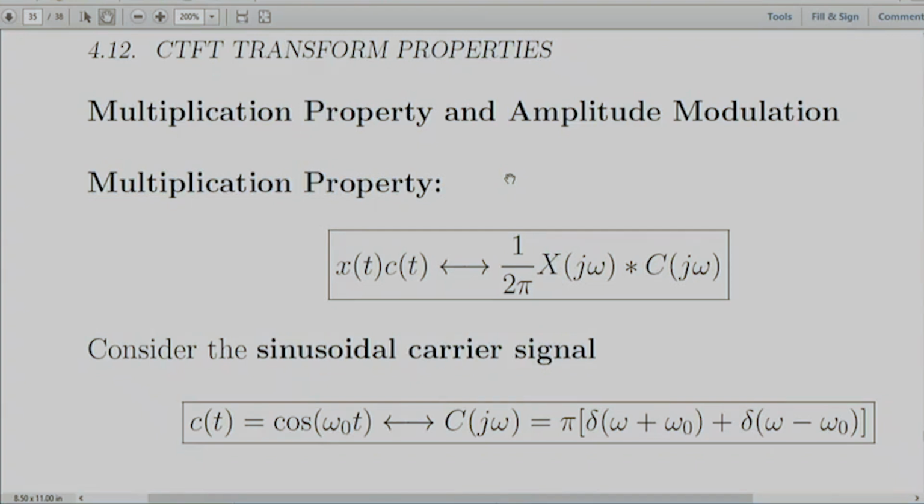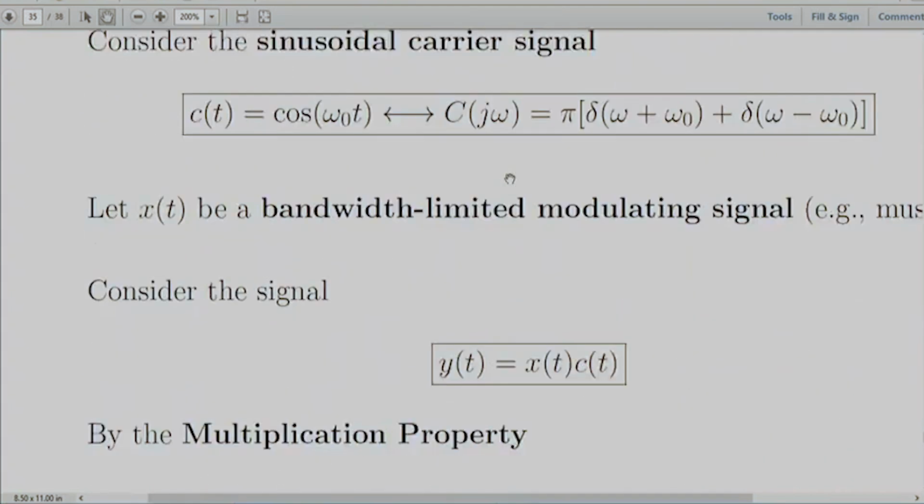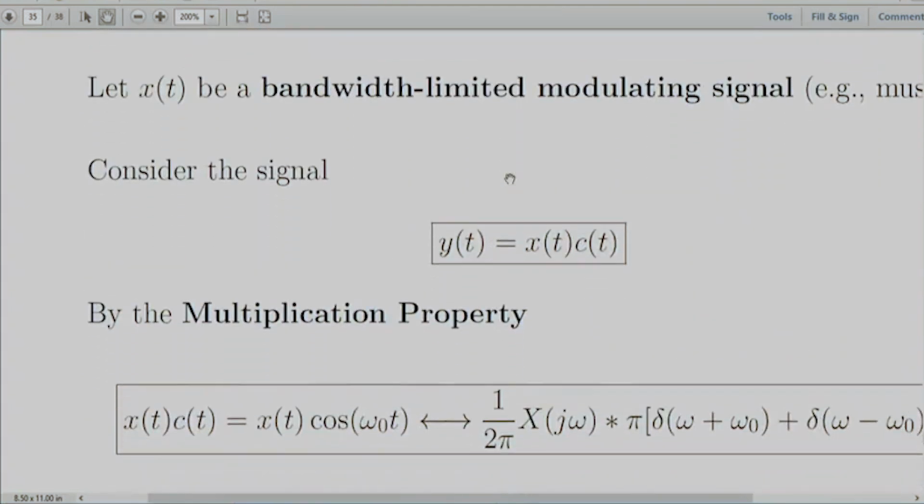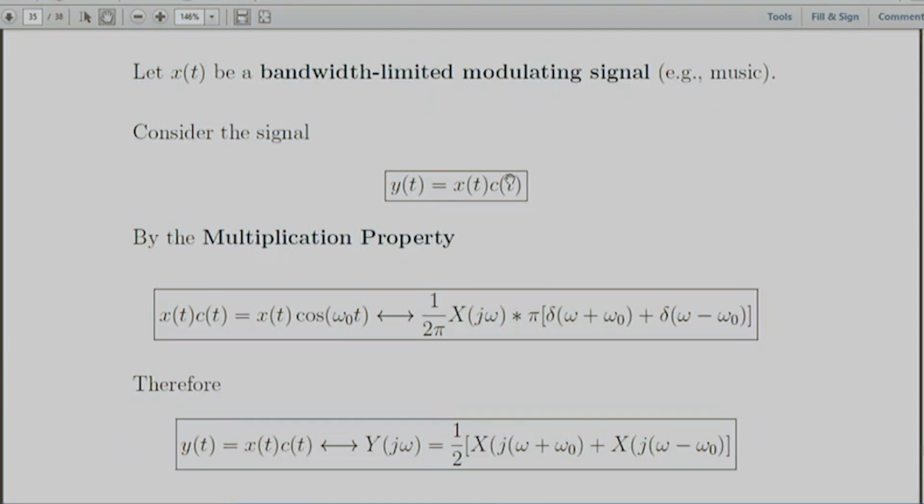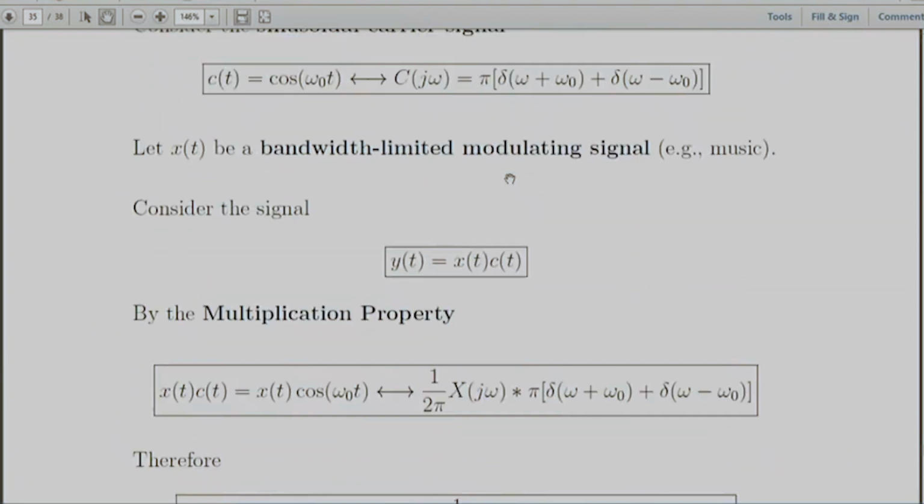And now what we do is we let x of t be a bandwidth limited signal. So it could be music, could be some kind of an audio signal, any signal you want, but in applications it's often that. And what we do is we multiply that message signal x of t by the carrier, by c of t.